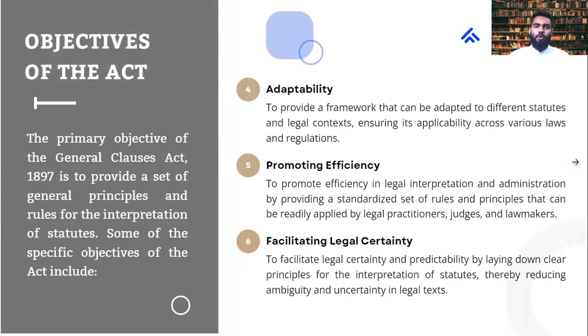Adaptability: to provide a framework that can be adapted to different statutes and legal contexts, ensuring its applicability across various laws and regulations. Facilitating legal certainty: to facilitate legal certainty and predictability by laying down clear principles for the interpretation of statutes, reducing ambiguity and uncertainty in legal text.